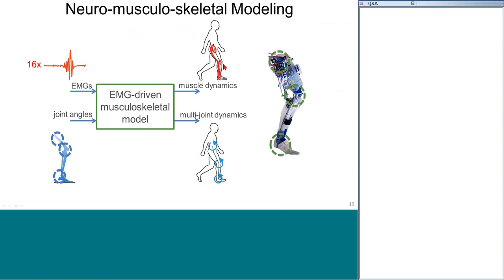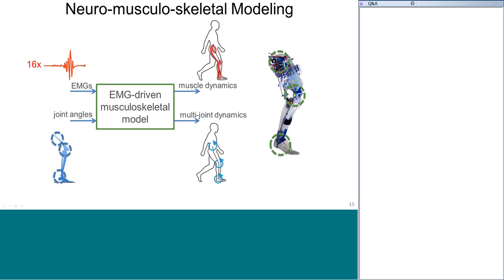Now, having 16 sensors could be a limitation in the context of real applications, daily life applications. With the next slide, I'd like to talk about another methodology that we developed, and this methodology actually allows removing this high number of sensors.